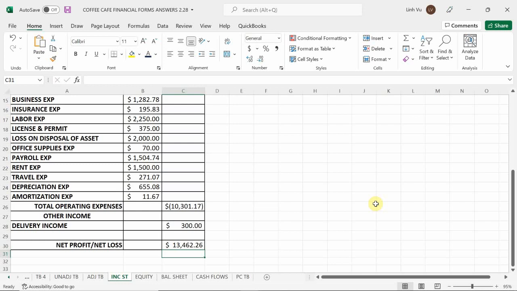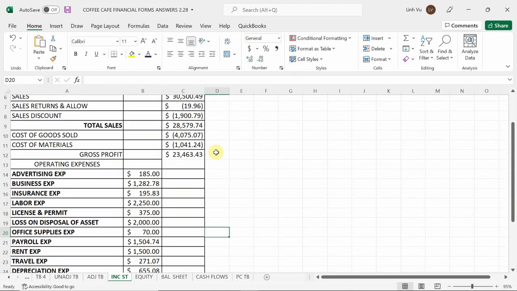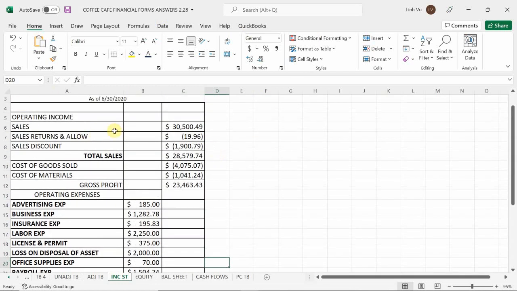Okay? So that means we did good by selling our coffee, right? We sold our coffee at the right price, right? We barely had any returns and allowances. And even with our discount of $1,900, right, we still made it out with $28,000 at the end of the day. Okay? And we also, again, only had $4,000 worth of cost of goods sold and $1,000 worth of business supplies that we used, right?